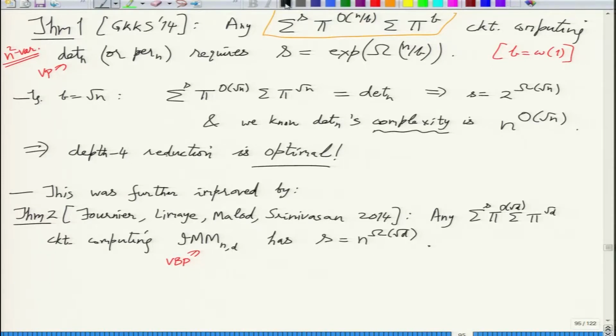The technique is same for this one? Yes. You have to prove a lower bound for IMM. That needs more specialized analysis. There is some assumption on D, so D is assumed to be n to the delta for small delta.